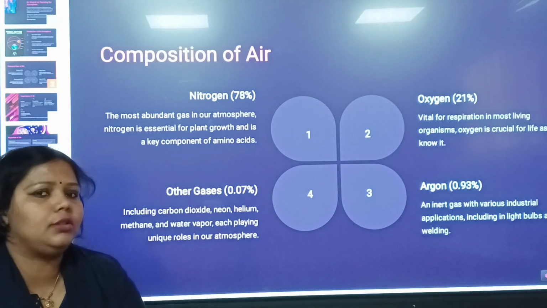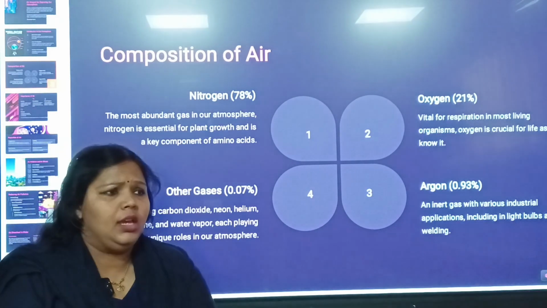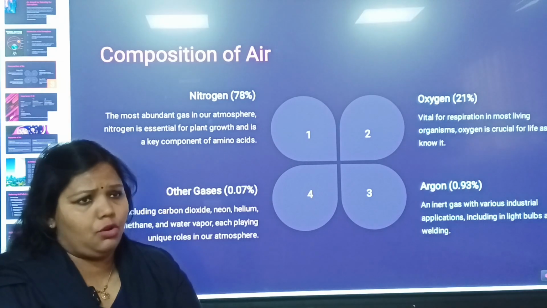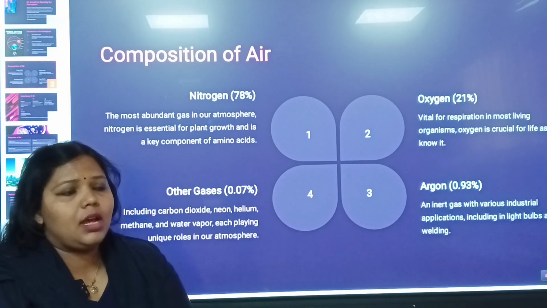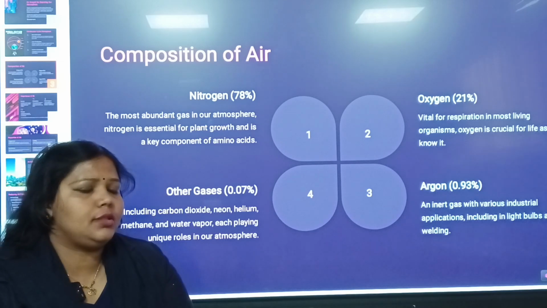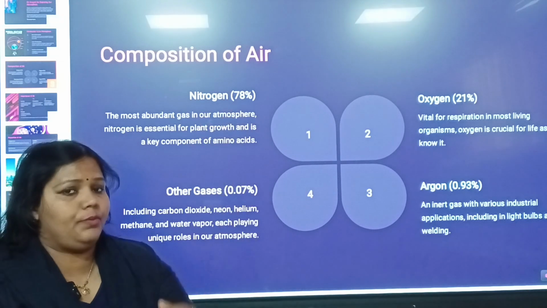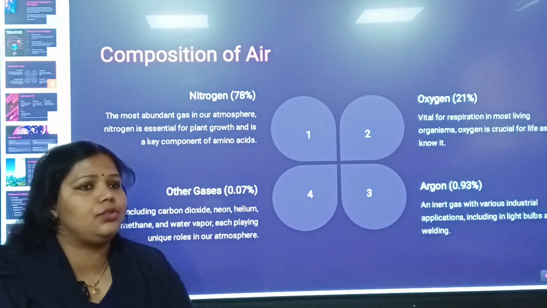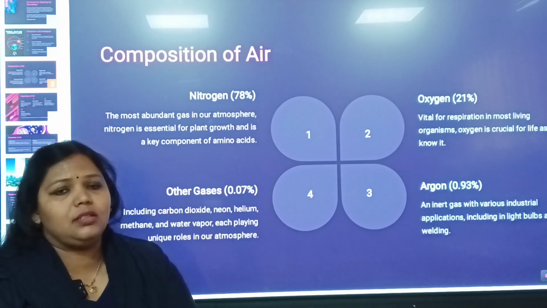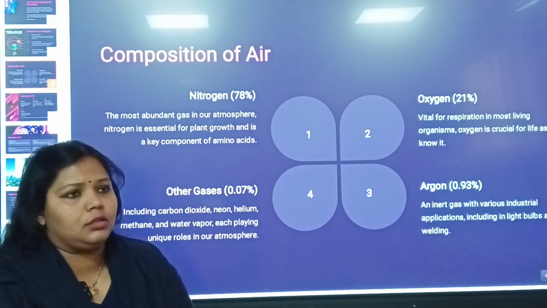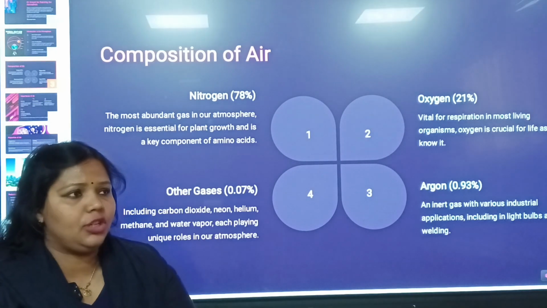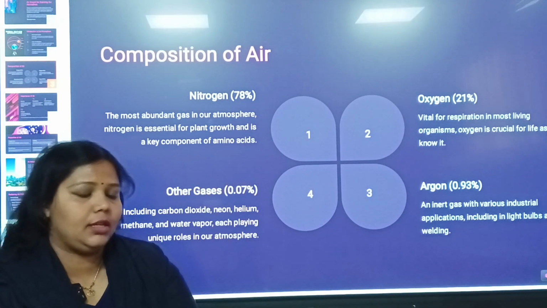Amino acids are chemical components. In the nitrogen cycle, there are ammonifying and nitrifying bacteria present in the nodules of the roots of plants, and they capture the atmospheric nitrogen.